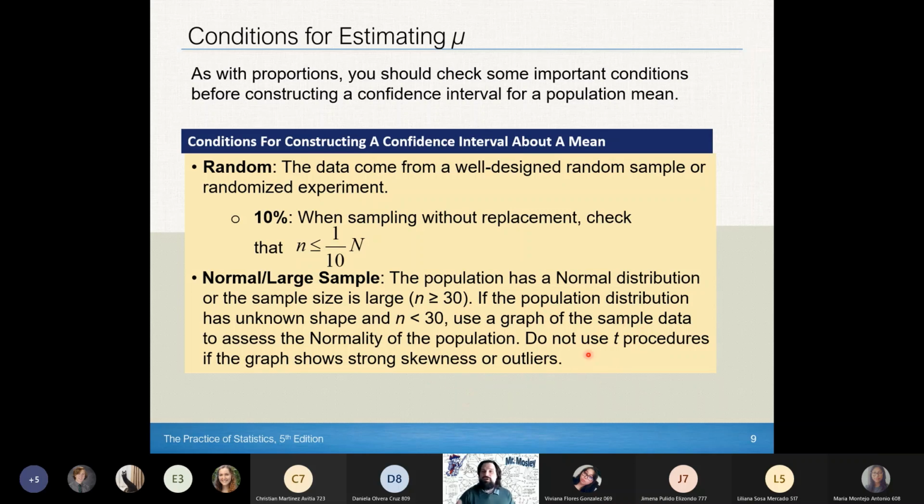If this scenario comes up where you have to graph your sample data, or you're provided with a graph of sample data, it will be very apparent that it is either strongly skewed or there's outliers. It will not be a judgment call. It's not going to be like, well, it's kind of skewed or a little skewed, so maybe, maybe not.